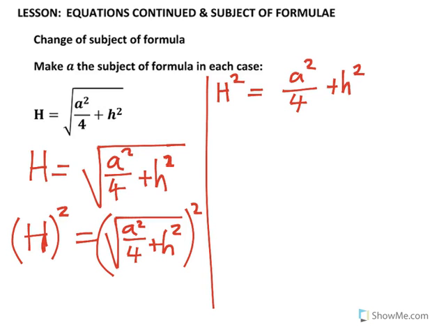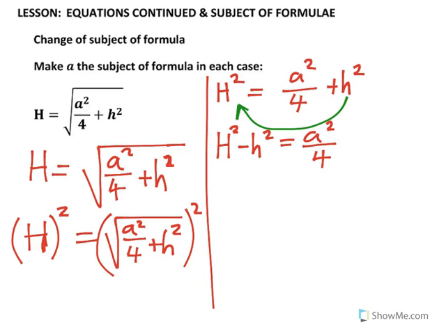Remember, our aim is to solve a. I can take this h to come and join the other h. It is going to be h squared, the bigger one, minus h squared, the small one, is equal to a squared over 4. Now, when I've done that, remember I'm interested in a squared.